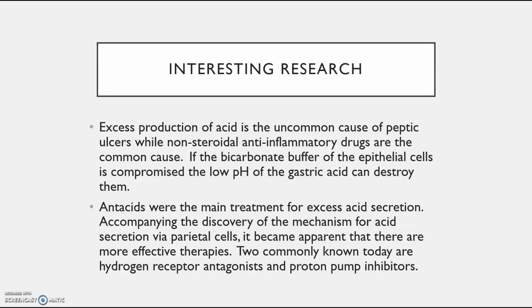So what the histamine receptor antagonists do is work against allowing the histamine to stimulate the cells, and the proton pump inhibitors inhibit the hydrogen being pumped out of the cell, which would in turn inhibit the hydrochloric acid secretion.